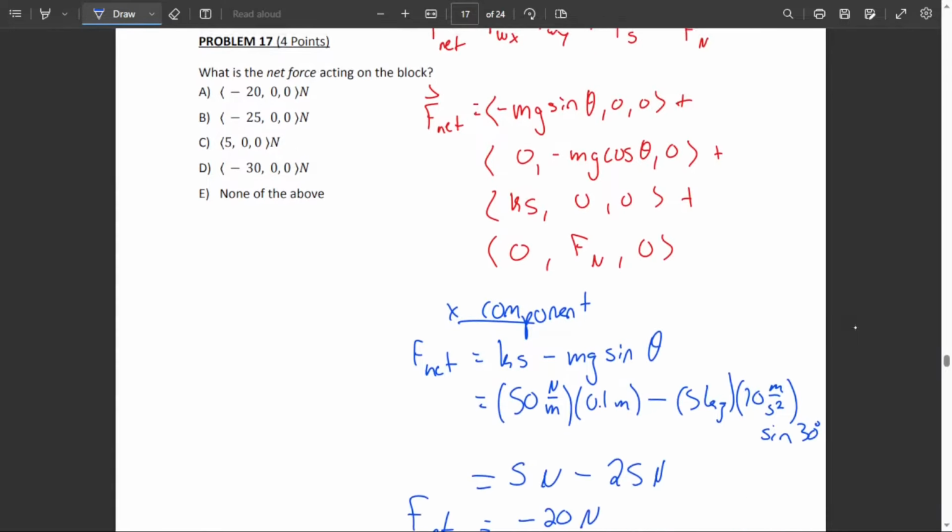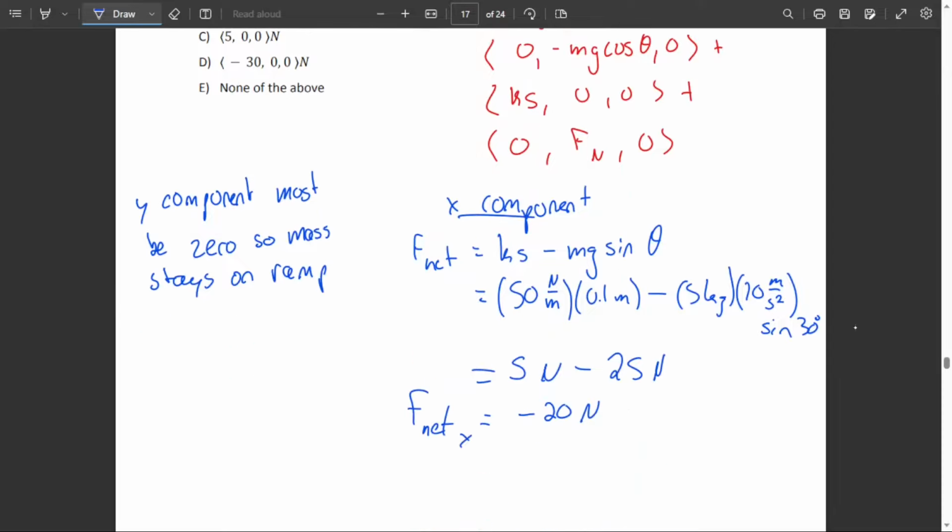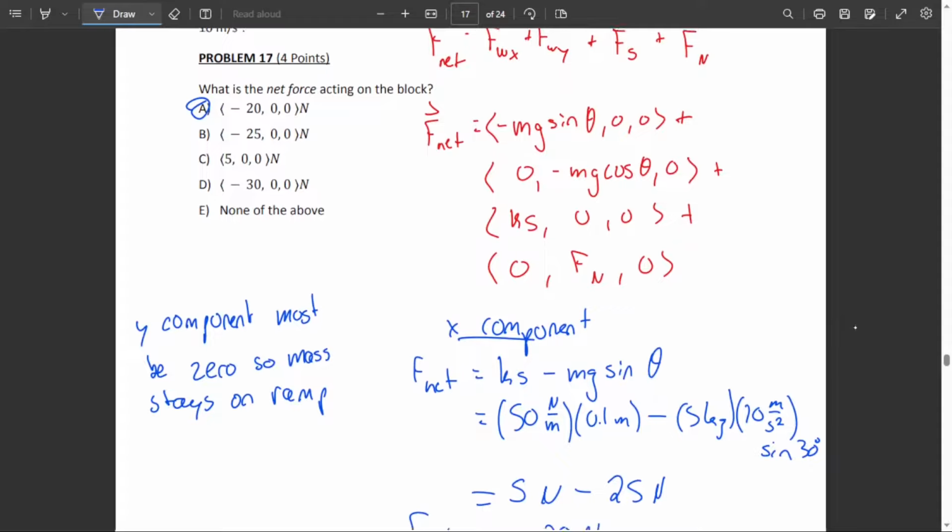And then we know in the y direction it has to be 0. I'm just going to write that over here. And so then our answer is A. Yeah, the answer is A. Sorry, I got confused for a second.